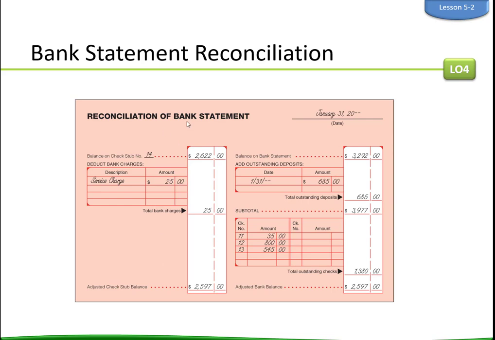On the left-hand side is going to be looking at it from our check stubs, and the right-hand side is from the bank statement in this form. And so the bottom two numbers should always match.